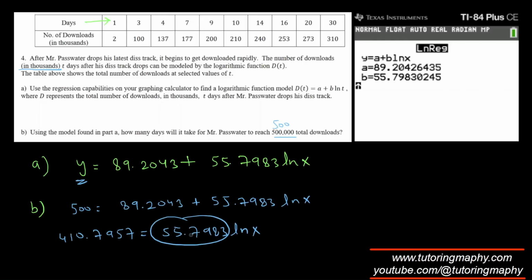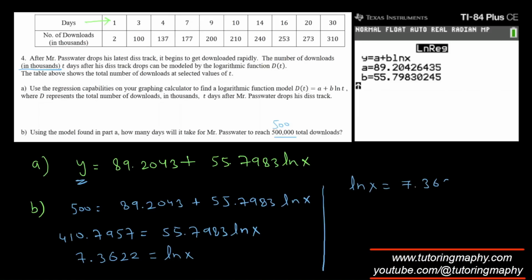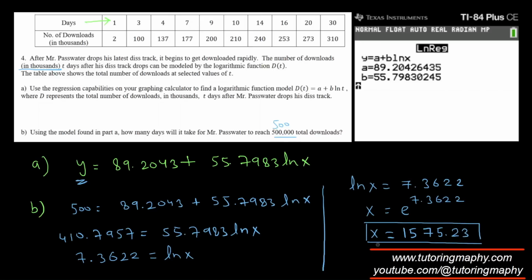Divide both sides by this, we get 7.3622 is equal to ln x, and then we can just flip the equation. So ln x is equal to 7.3622, and to find x, we'll write x is equal to e raised to 7.3622. So x will come out as 157.23. So these are the number of days as per this model.